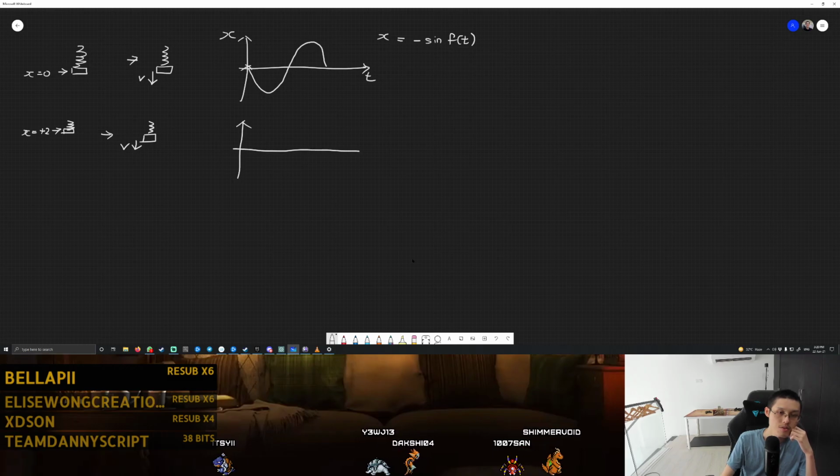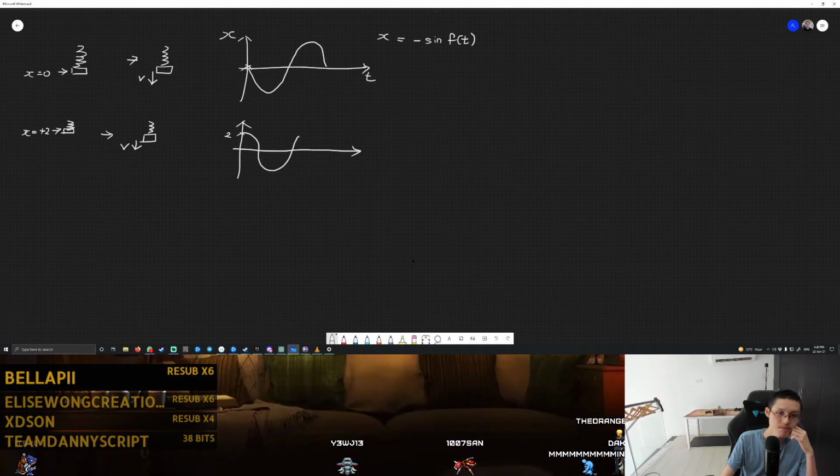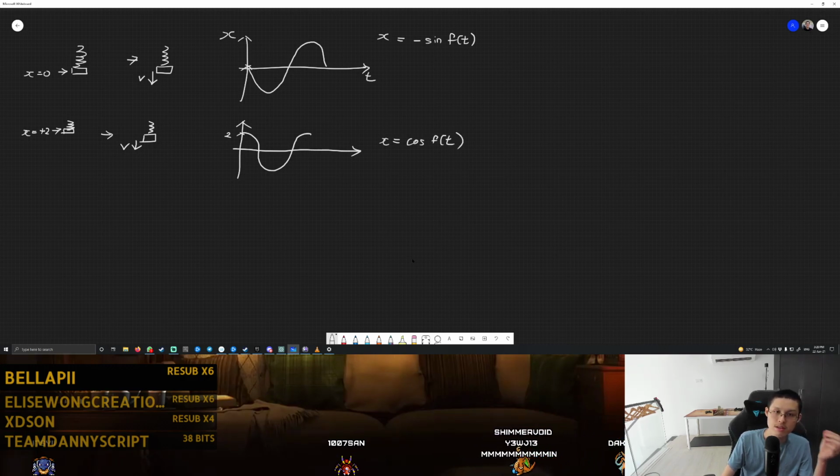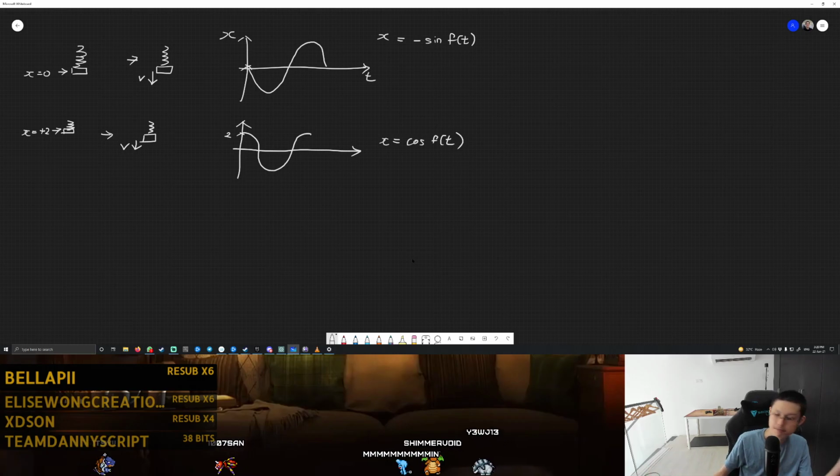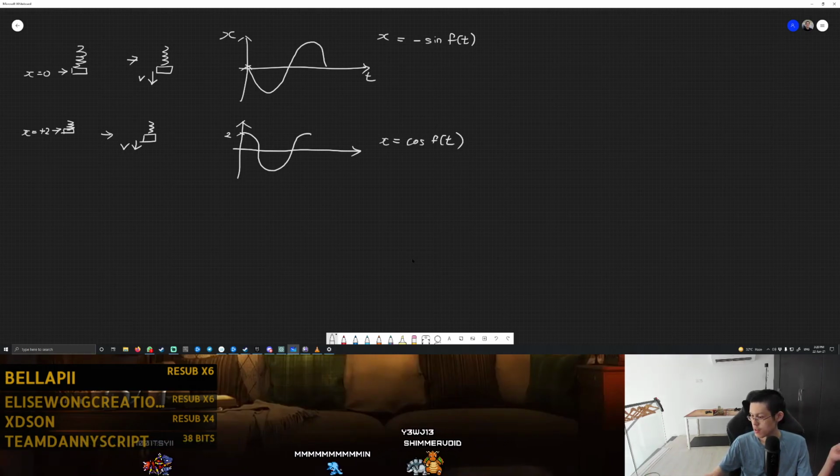Which means your graph would start somewhere up here. So this is actually like a cos graph. So depending on the starting conditions, you would get either a sine or a cos, or somewhere in between. Okay?